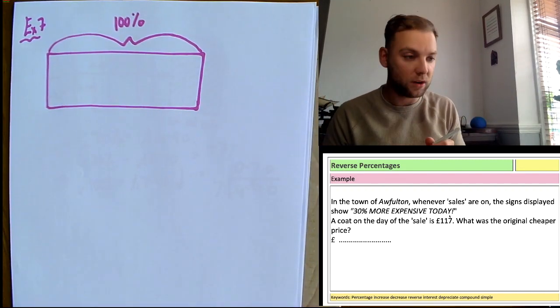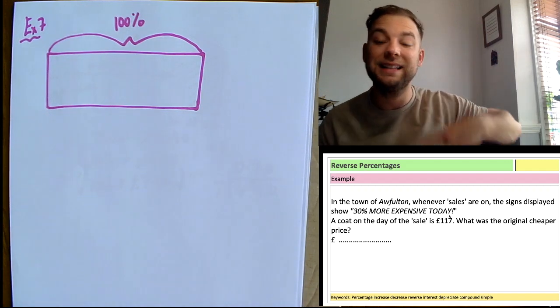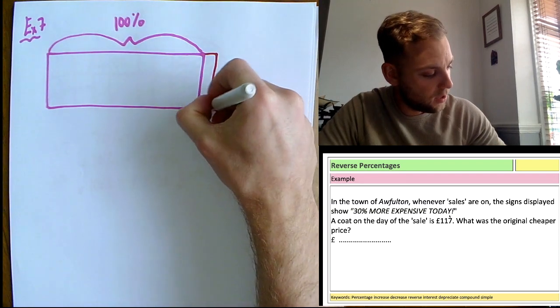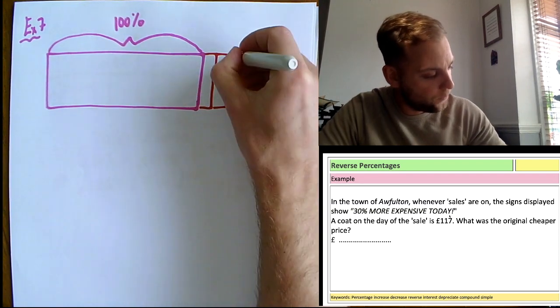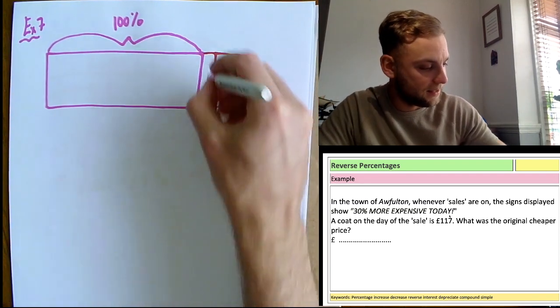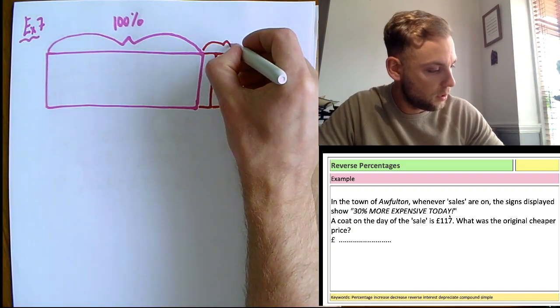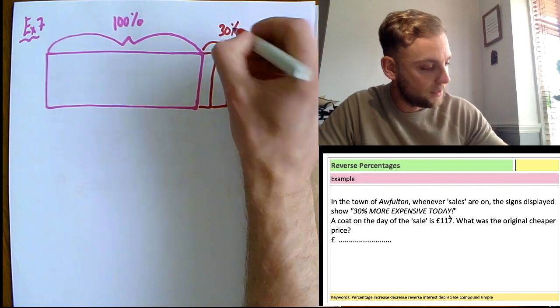However, with this one here, it says that it's increased by 30%. So what I need to do is add on here 1, 2, 3 10%, which means that it's going to be 130%.